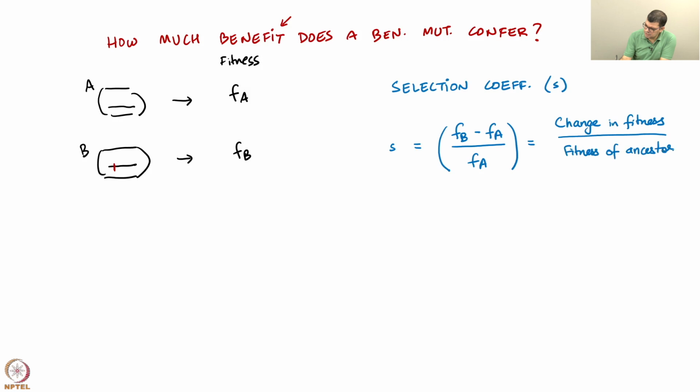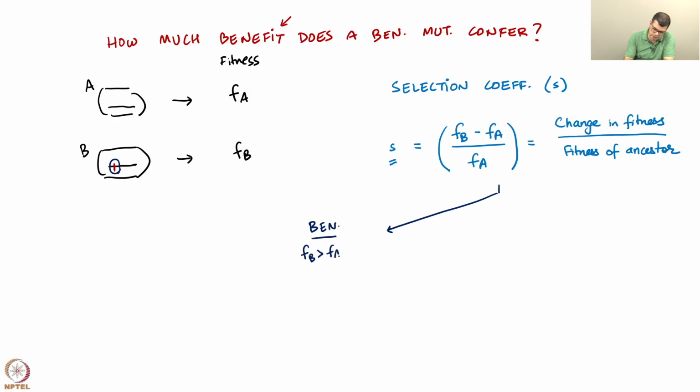And as we will see, much of the discussion about fates of mutations is dependent on what is the value of s for a particular mutation. What should become immediately apparent here is that if this mutation is a beneficial mutation, then obviously Fb is bigger than Fa.